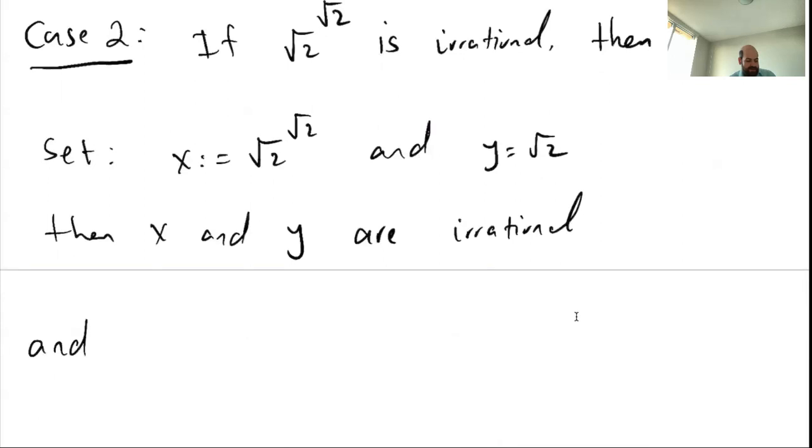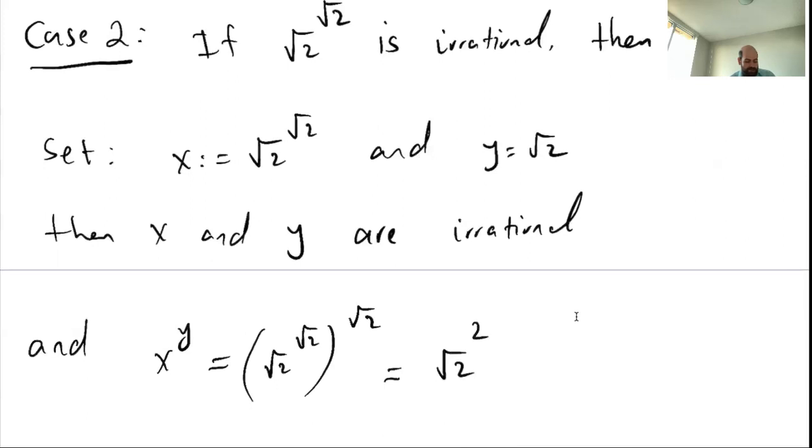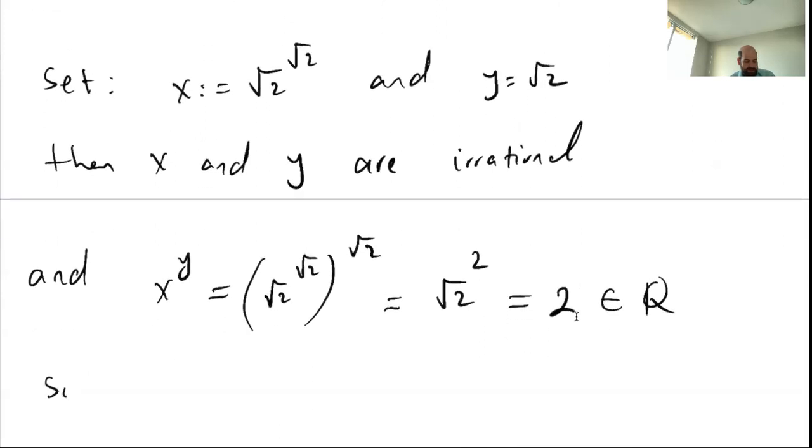And x to the power y will be how much? √2 to the power √2, then the whole to the power √2. How much is this number if I simplify? √2 to the power √2 times √2 is 2. √2 to the power 2 is 2, which is rational. So x to the power y is rational.